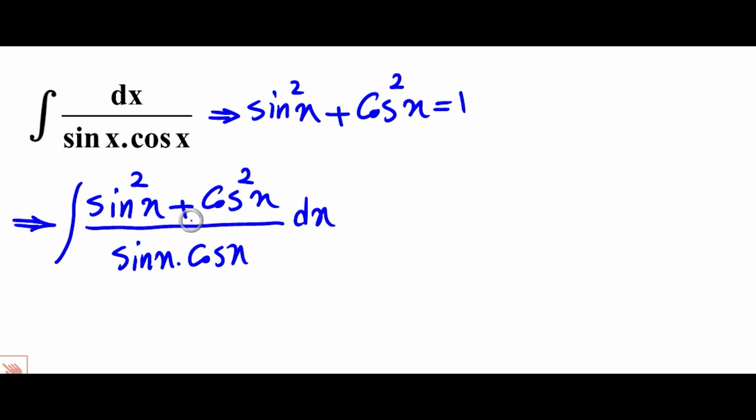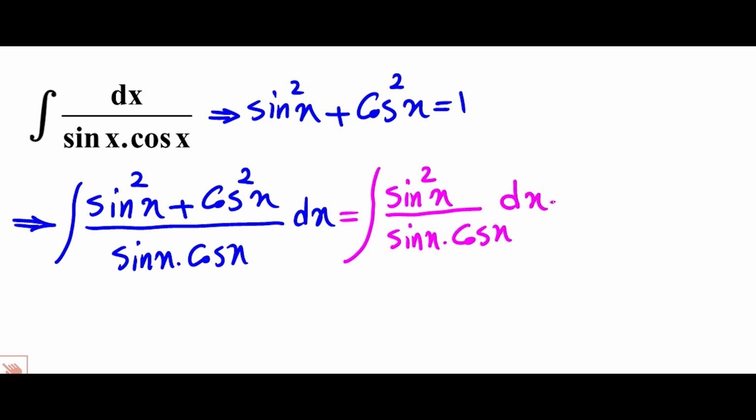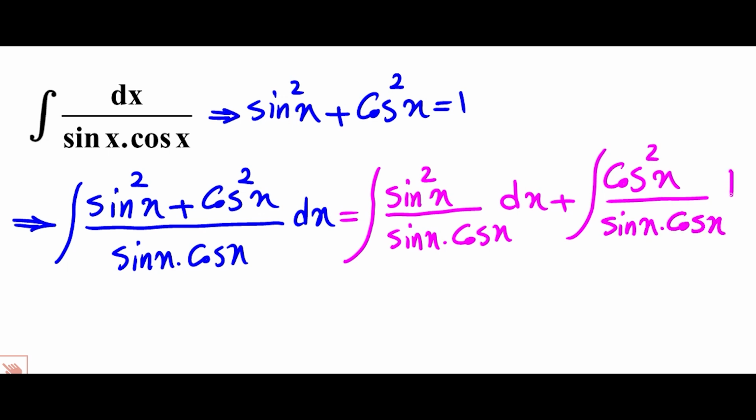Now we can split this into two separate fractions, meaning the integral of sine squared of x over sine of x times cosine of x dx plus the integral of cosine squared x over sine of x times cosine of x dx. Now we simplify each term by cancelling out the common terms.